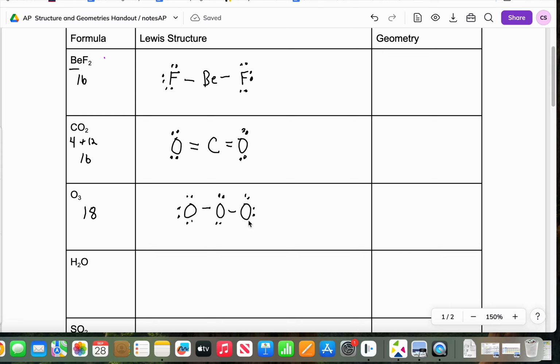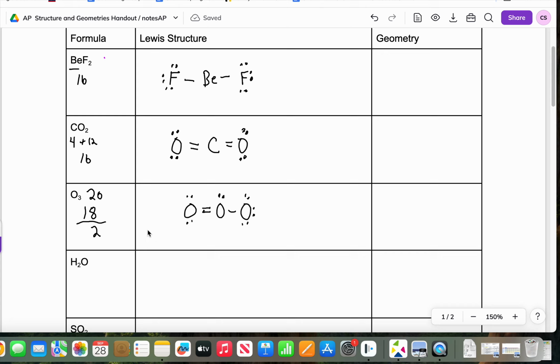But then if you were to count this, you would get 6, 12, 14, 16, 18, 20. You would see that you would be 2 over what you need. Because 20 minus 18 is 2, so you're showing 2 extra. That means you need to add one more bond. But when you add that bond, you have to erase lone pairs in order to satisfy the octet rule.